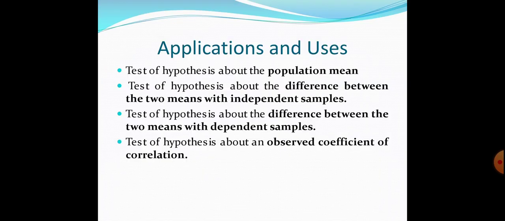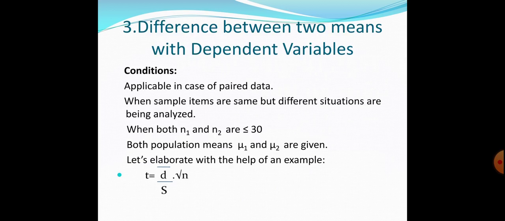Now, we are going to discuss testing of hypothesis when the difference between the two means is to be compared with dependent samples, and the coefficient of correlation. Let's start with the third application, difference between the two means with dependent variables.